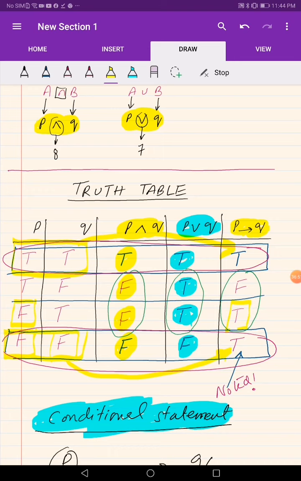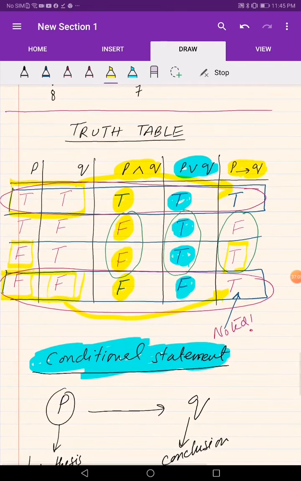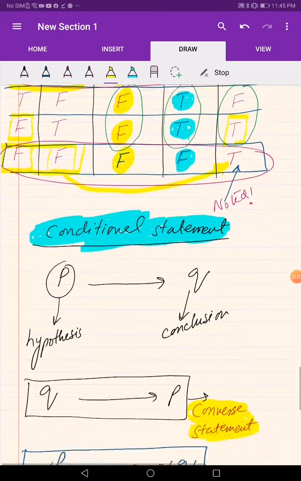In order to make a truth table, you have to make 5 columns: statement P, statement Q, and then the conjunction first, disjunction, and then the conditional statement. After completing the truth table, guys, I came to the conditional statement.